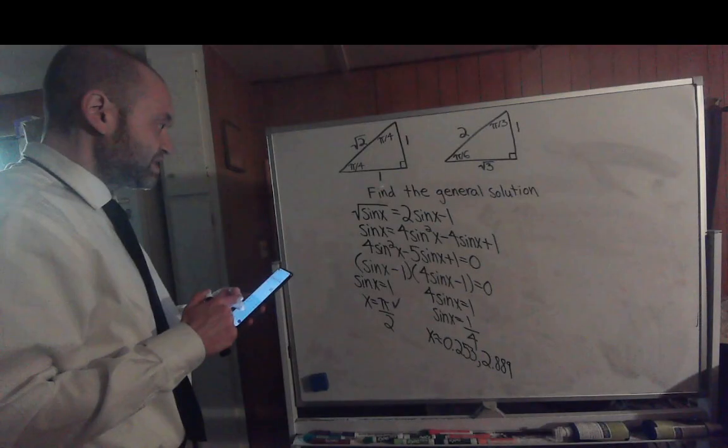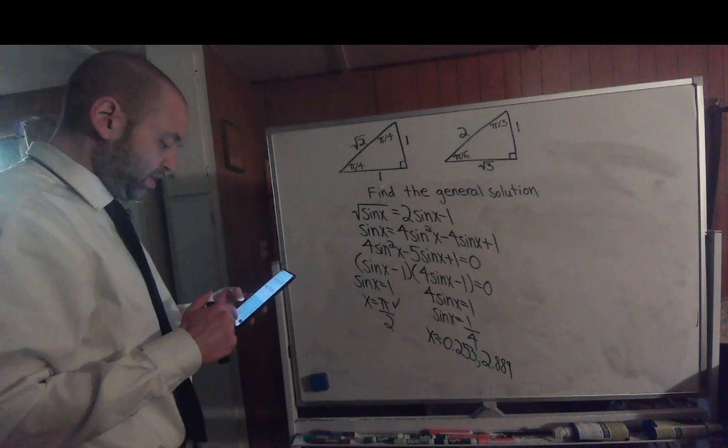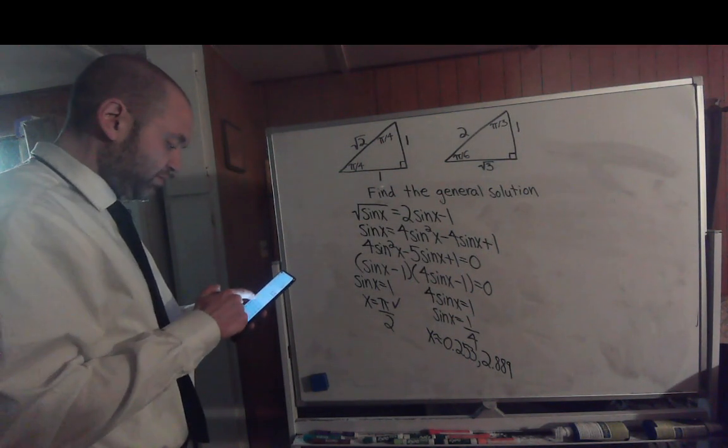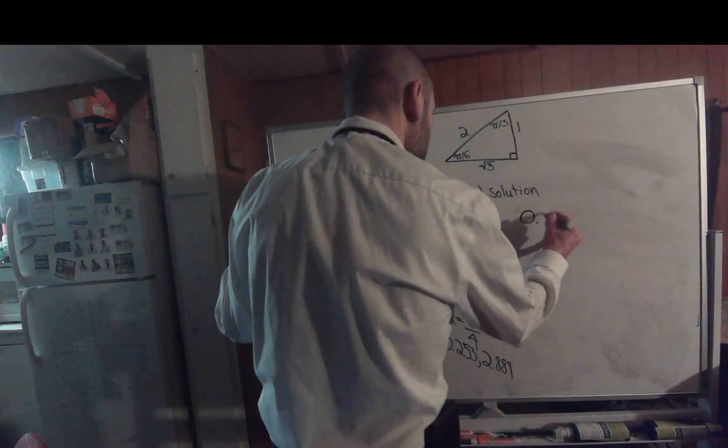So let's see, the sine of this was 0.25. Take the square root of that answer. So you would end up getting 0.5 would equal 2 times 0.25 minus 1.